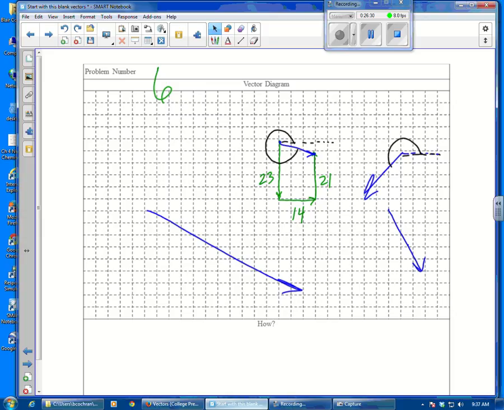What about up and to the right? Did anyone's point like this? Okay. Yours did? So up and to the right, they want this angle. What about up and to the left, like this? Did anyone's point in that direction? Yeah?